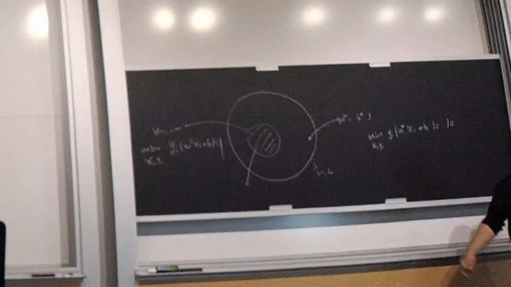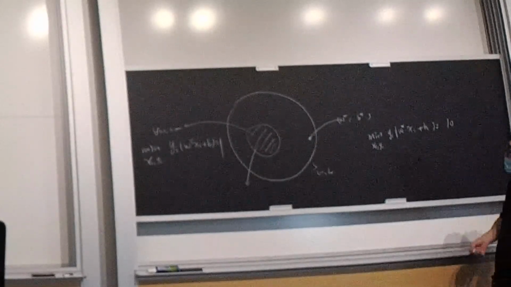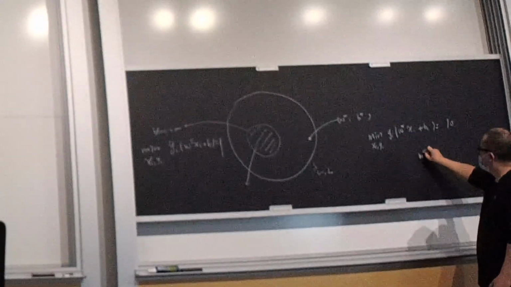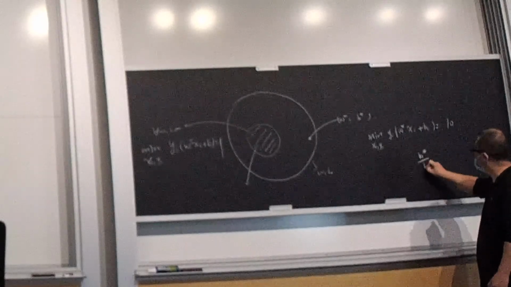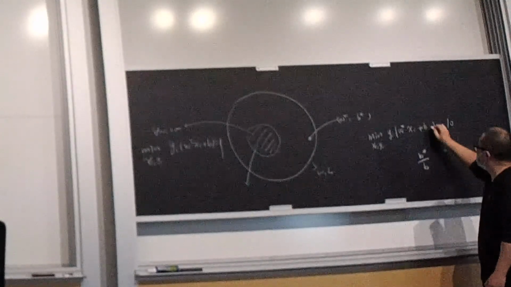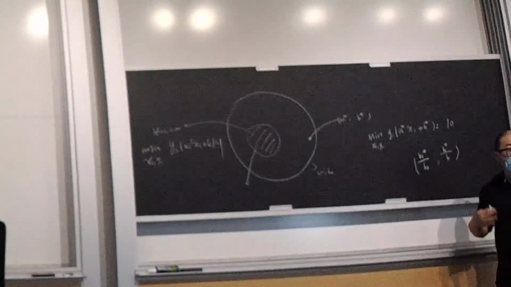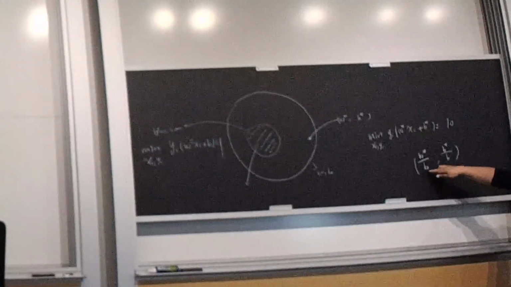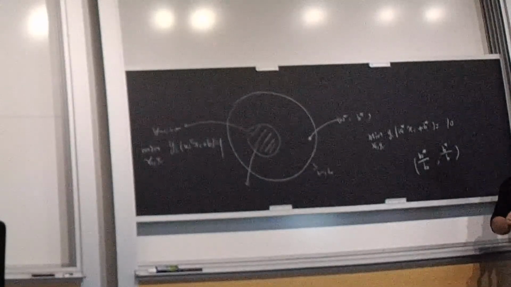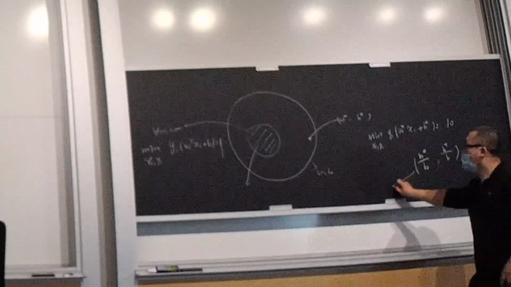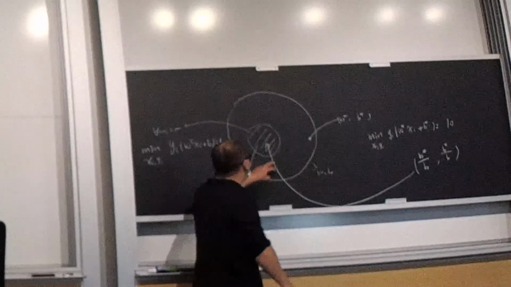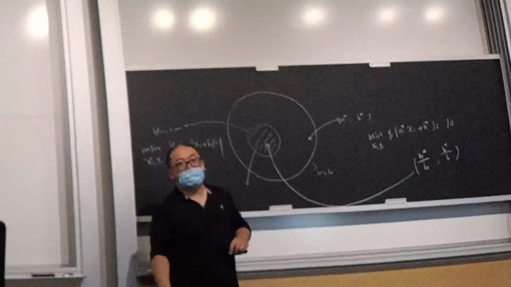Then I can immediately divide W star and b star by 10. I get a new pair of W and b, and this pair must be inside this small subspace.